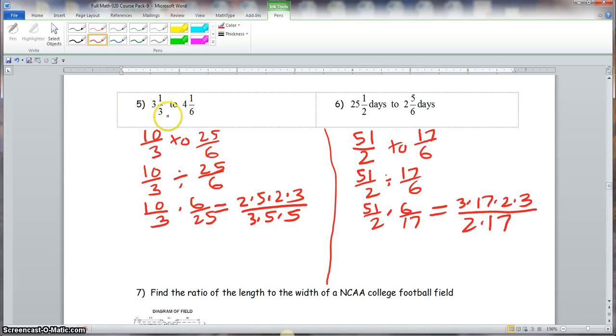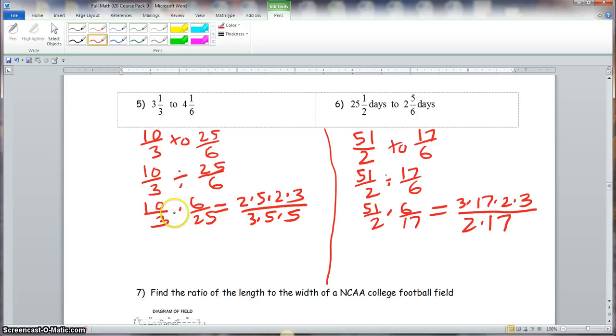Okay, class, with number 5 and 6, I took the liberty of filling out just about everything with this, so I'm going to go through this with you step by step. The first thing is we need to change these mixed numbers to improper fractions, which we did. 3 1/3 and 4 1/6. These are their improper fractions. Now we change the word to division, which we discussed before. So you bring down your fraction, division becomes multiplication, and you take the reciprocal of the second fraction.